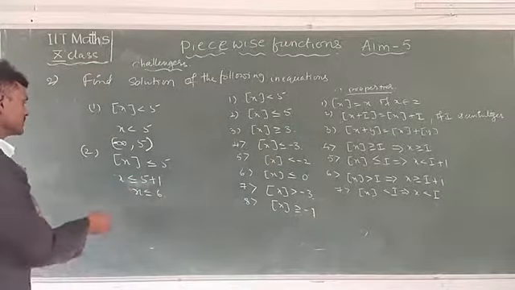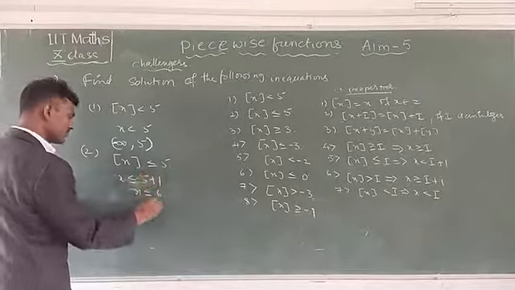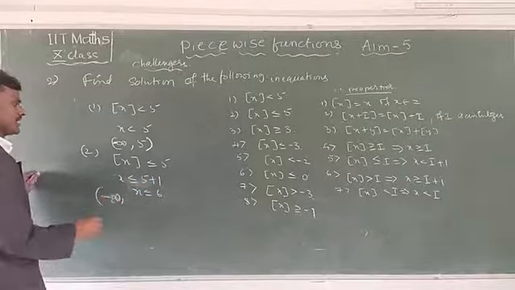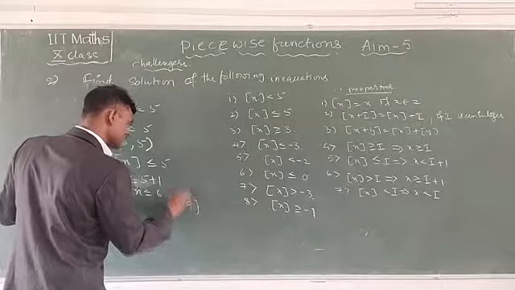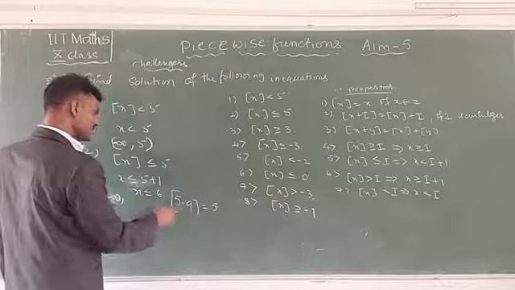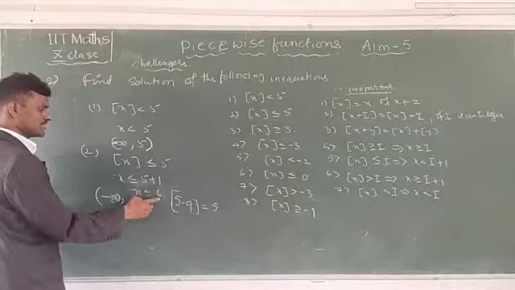How do we know that? First, floor of x less than or equal to 5 means you can take values from minus infinity. Next, floor of 5.9 you can take. Floor of 5.9 is also 5. Approximately this is 5 plus 1, so less than 6.